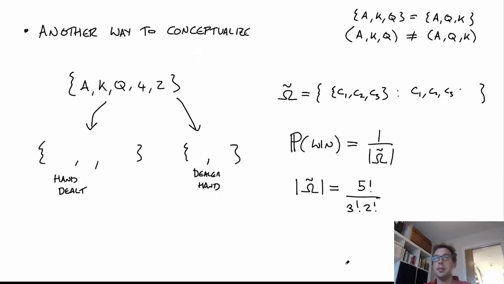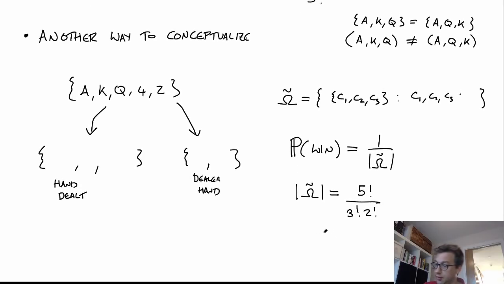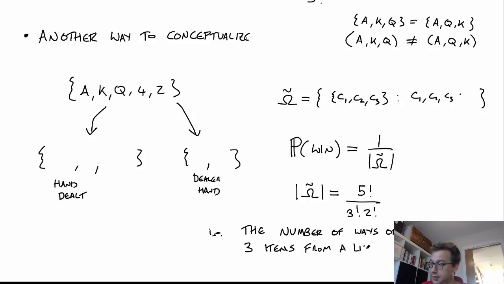So in other words, we found out by writing this out a slightly different way that the number of ways of choosing three items, should we say, from a list of 5, is 10.